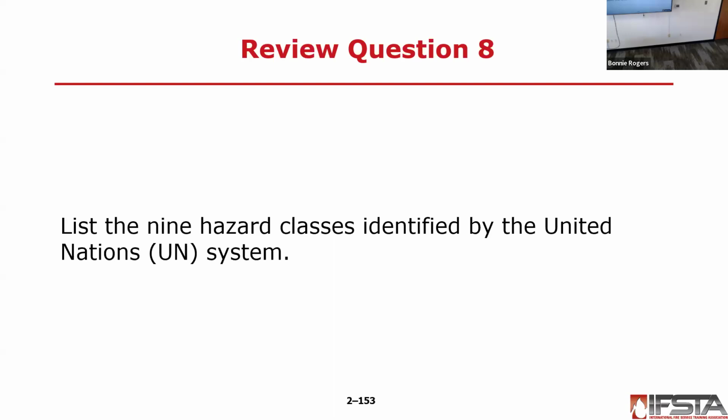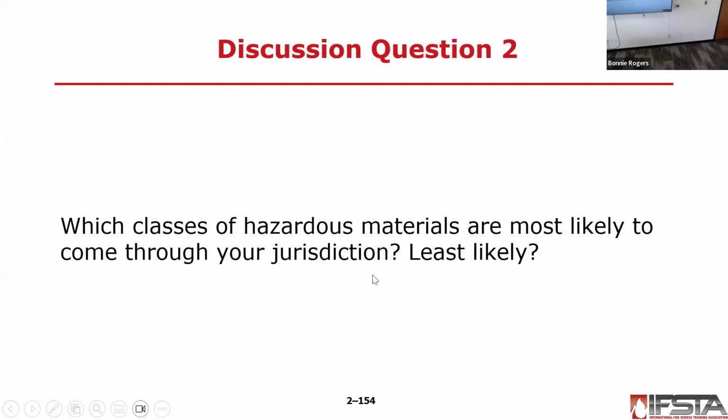Oxidizer. I remember that one because of Hawaii 5.0. What's 6? Poison or toxic, makes you sick. What's 7? Radioactive. Number 8, corrosive. And number 9, miscellaneous. Awesome. What are we most likely to see here?